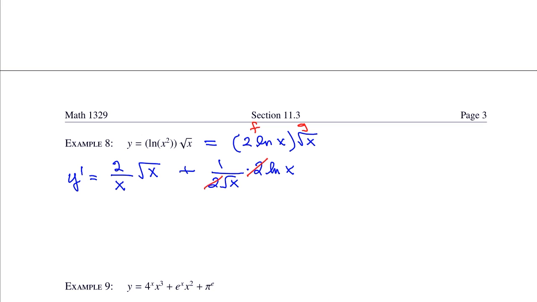Top or bottom? Close. Bottom. See, the x to the first power is the larger of the 2. So, because this is x to the first, this is x to the 1/2. That's in the top. So the result ends up where the larger exponent was. That would be the bottom. So that simplifies the square root of x. So here we have 2 over root x plus ln of x over root x, which is 2 plus ln of x over the square root of x.